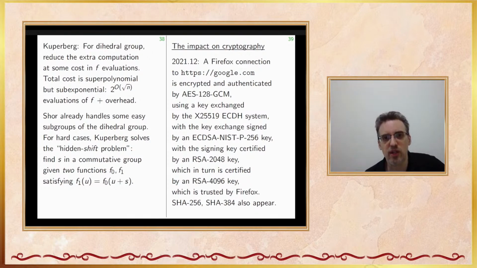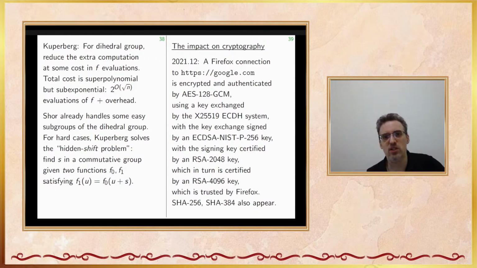And that signature is, well, the google.com key is a certain key signing the key exchange. So you know that, yes, you are talking to Google. And that key is another elliptic curve key, this time a signature key using ECDSA. And the elliptic curve used there is the NIST P256 elliptic curve. And then that key is certified by a higher level signing key.